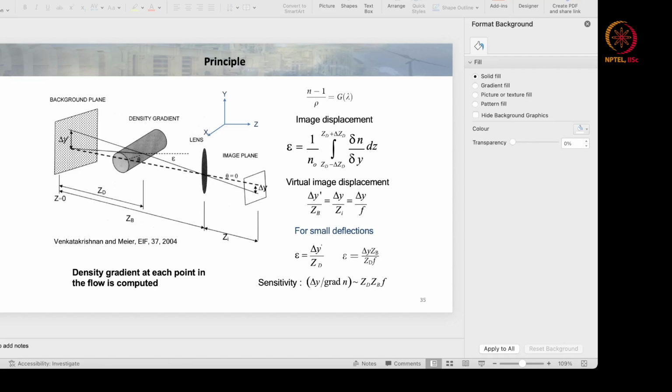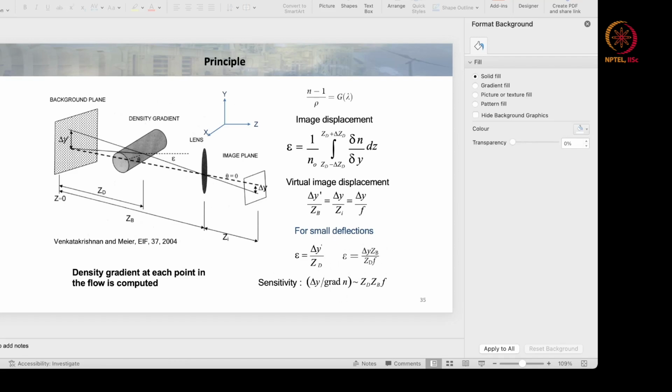Now, the deflection of a single beam contains information about the spatial gradient of the refractive index, which is integrated along the line of sight. So, for small angle deflections, this is what you are ultimately going to get.